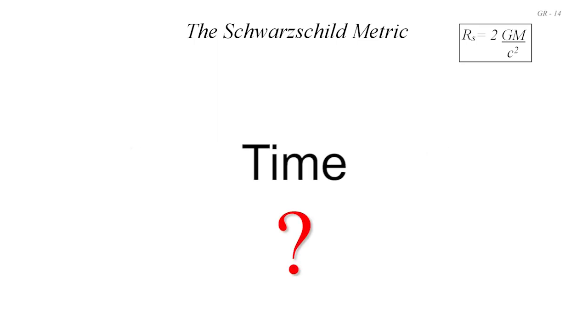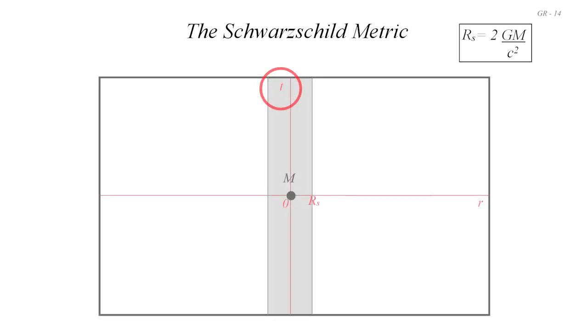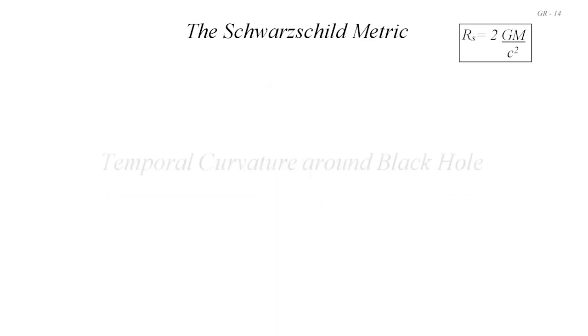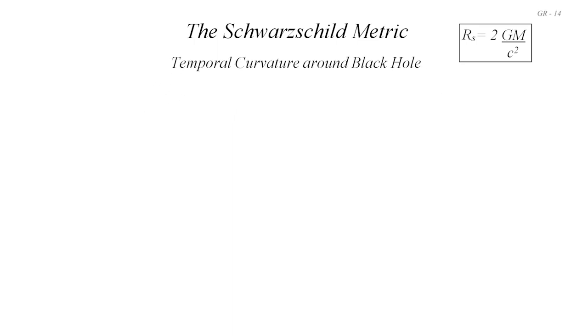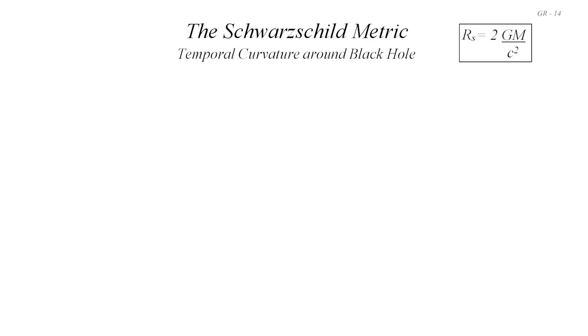But what about time? Can we now think in terms of how the time around a black hole is also curved and distorted by the presence of this mass, capital M? So let's look at what might be called temporal curvature. Once again, given the spherical symmetry of a black hole, we can start this discussion about the curvature of time with the two-dimensional Schwarzschild metric for r and t, and ignore the angles theta and phi.